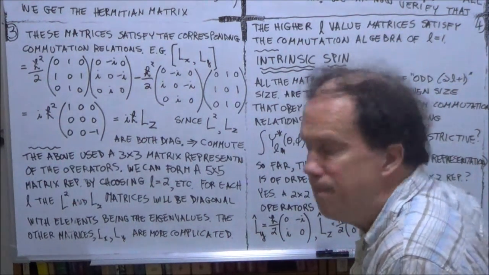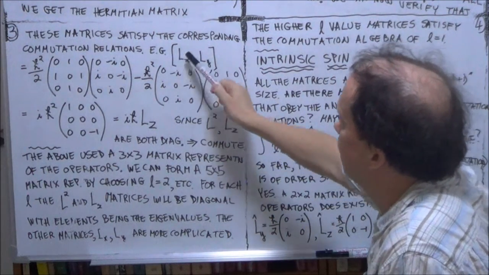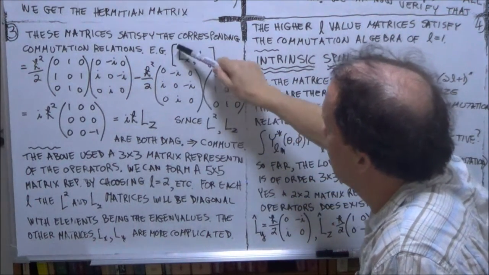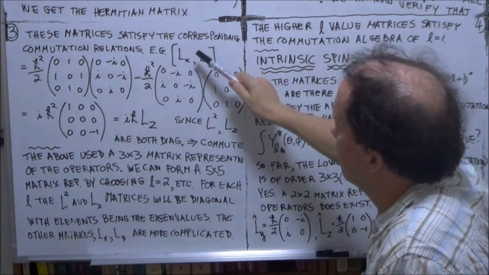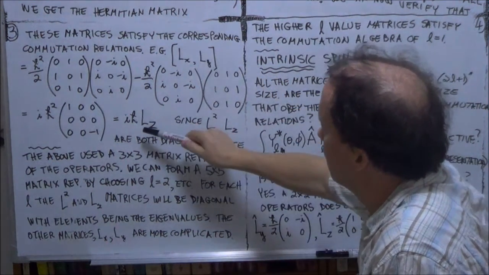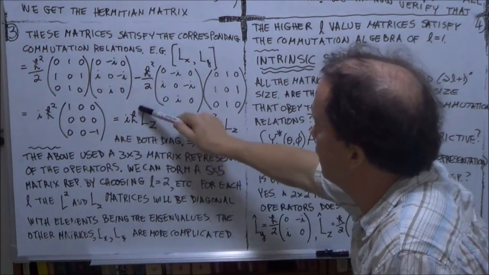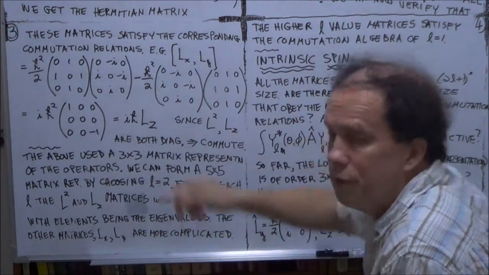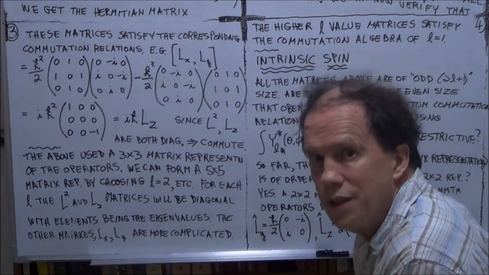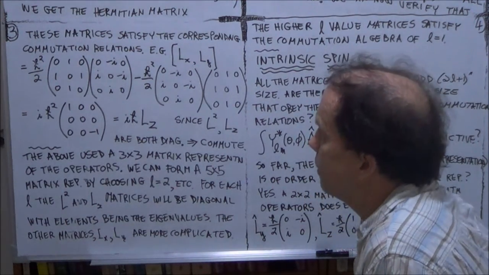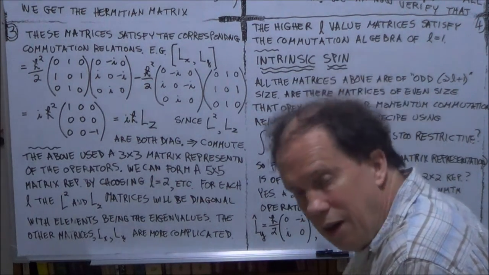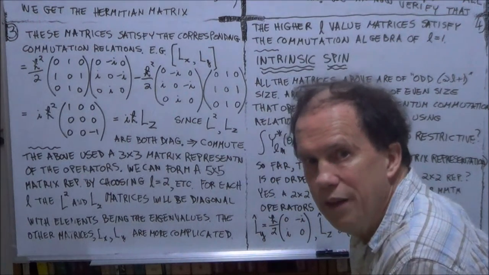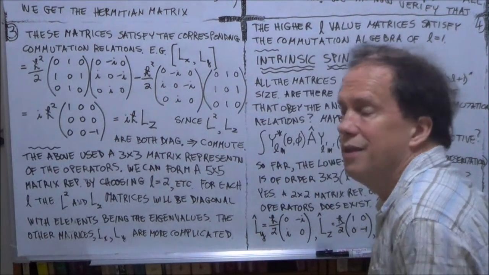It's pretty easy. Now if I put a hat over these, the result would be i h bar Lz hat, if you're talking operators. But now we're talking about matrix representations, so we're dealing with matrices that have equivalent behaviors as the operators.